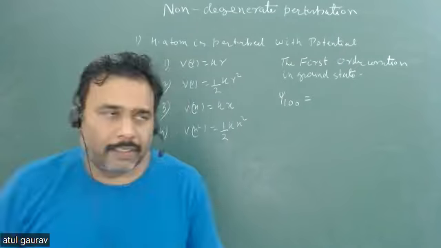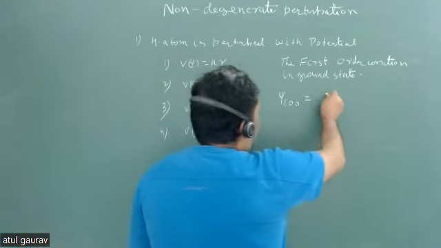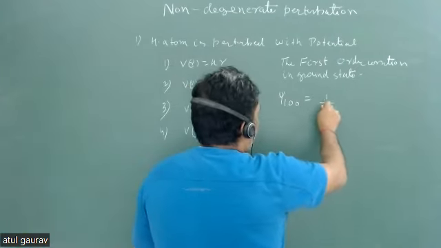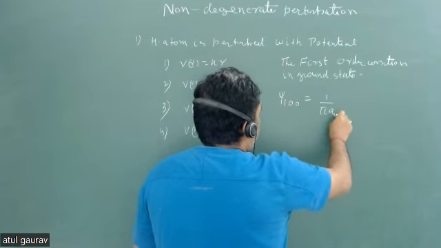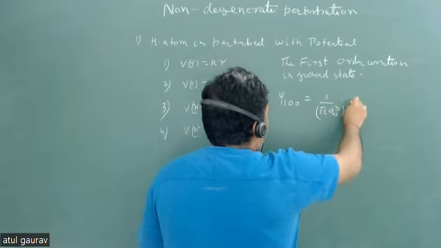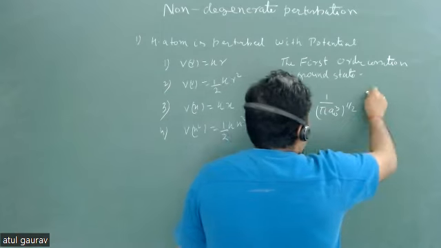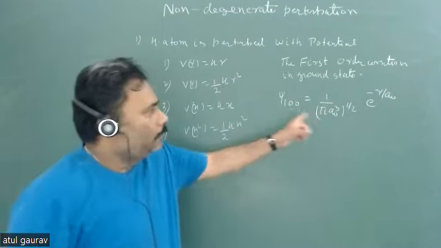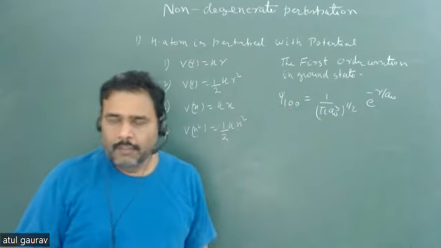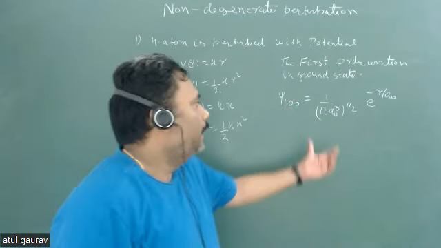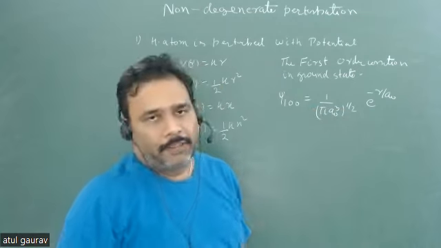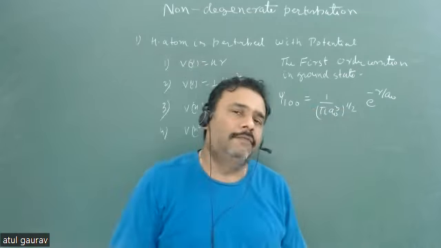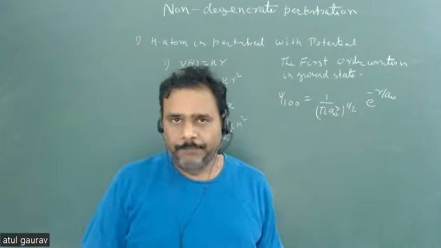Okay. So what is psi 100? That will be 1 upon pi a naught cubed to the power half, e to the power minus r upon a naught. When I use this expression, what is the meaning of that? I am using the complete wave function, the total wave function. So my variables are r, theta, and phi.